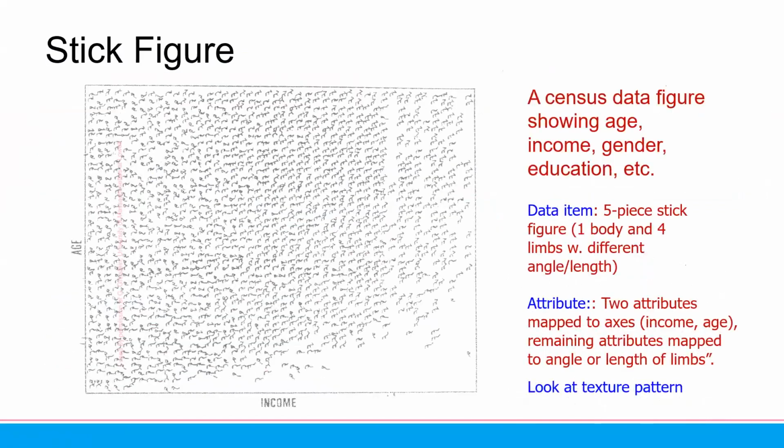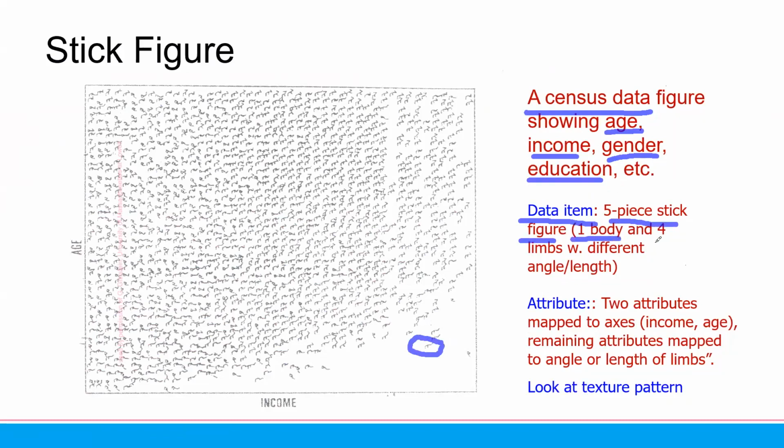Stick figure. This is also a very unique visualization. This represents census data. Census data shows the age, income, gender, education, and so on at the same time. For the data item, we have a 5-piece stick figure. Maybe it's too small, but you can see this one has 5 sticks.